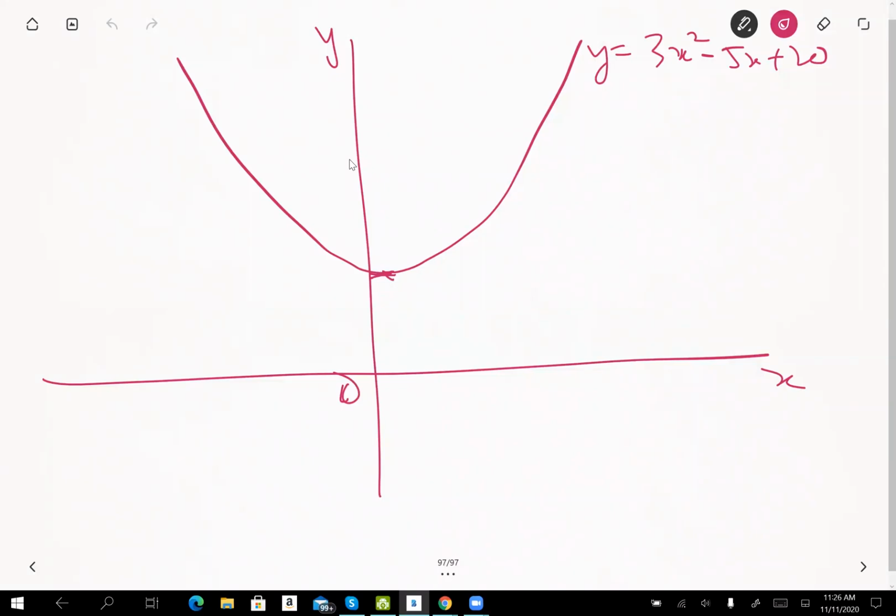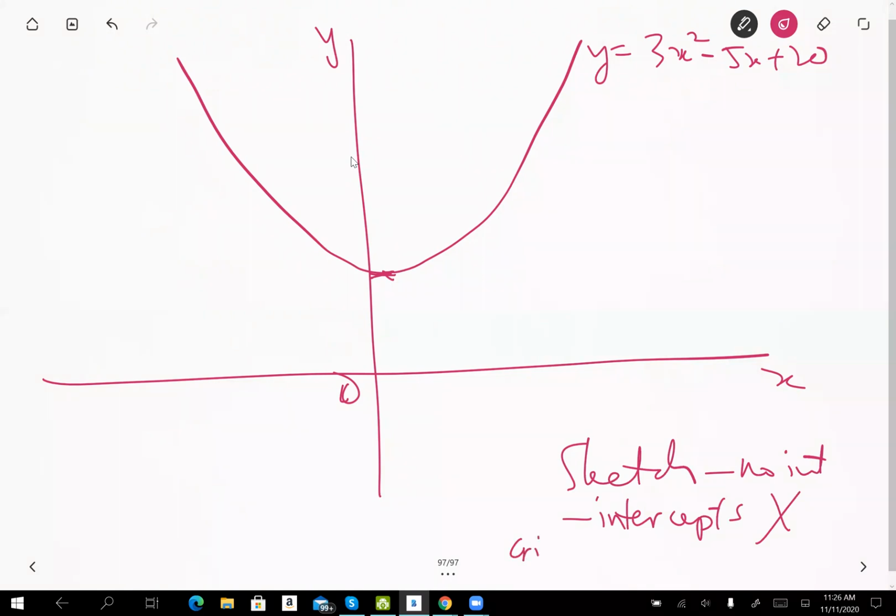What I mean here by sketching is that you don't need intervals, and you don't need the intercepts unless the question asks for them. What is needed is the critical point, roughly in position. Don't just place 0.83, 17.9 anywhere, that is not correct.